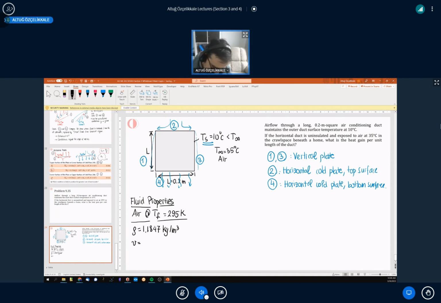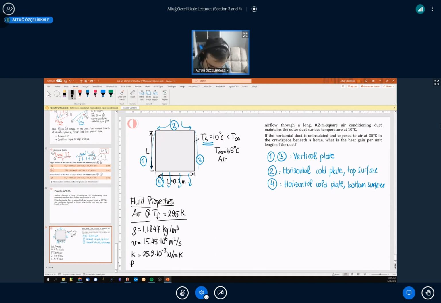Kinematic viscosity is 15.45 times 10 to the power minus 6 meters square per second. Thermal conductivity is 25.9 times 10 to the power minus 3 watt per meter Kelvin.